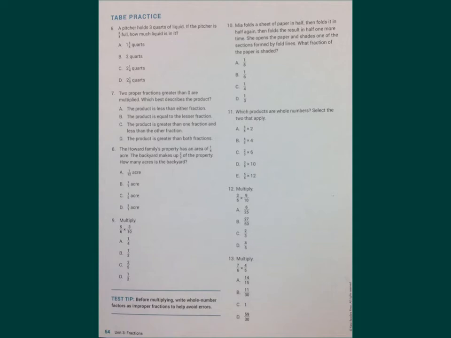A pitcher holds 3 quarts of liquid. If the pitcher is 3/4 full, how much liquid is in it? So let's work this one out very quickly. We're going to say 3/4 times 3/1.